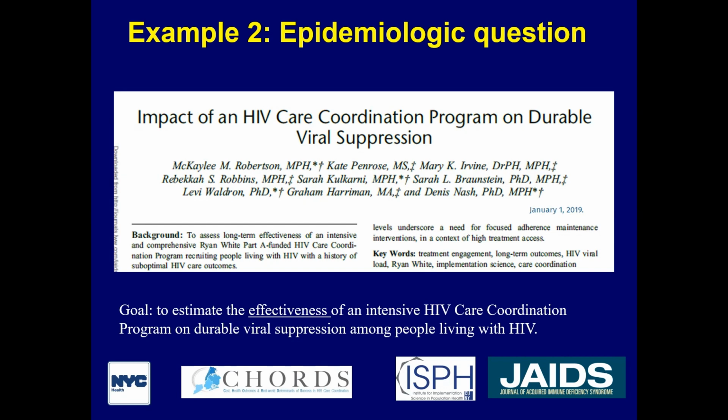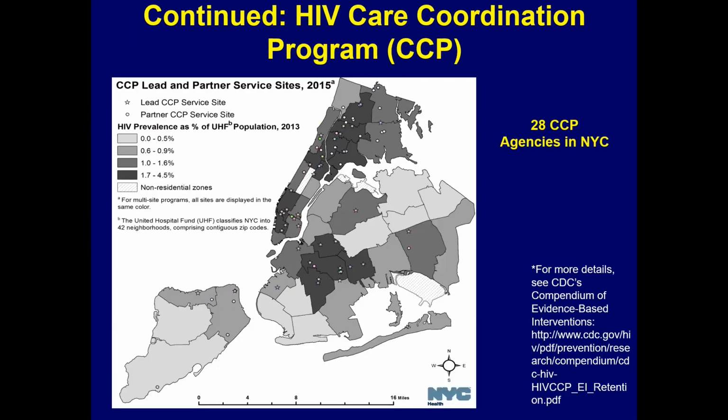let's first briefly review what this program is. This program is called the HIV Care Coordination Program. It was established in 2009 by the DOH of NYC. They began by implementing this program at 28 Ryan White funded agencies.